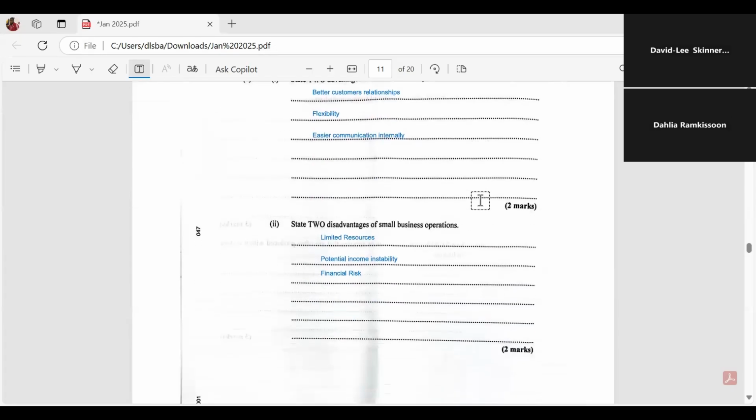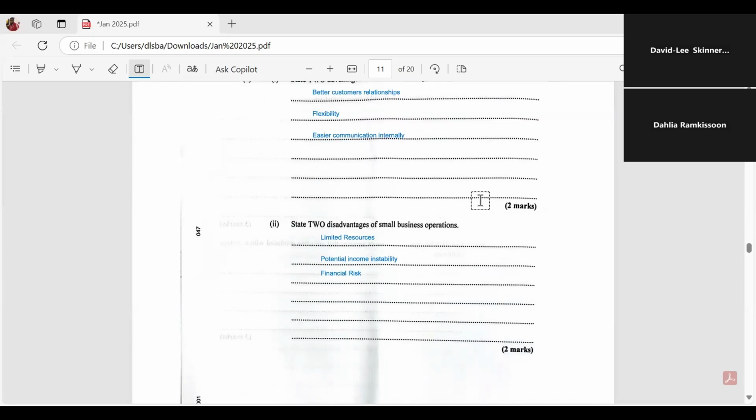Then it says state disadvantages. Right? So also just state, and it's 2 marks. I don't have to explain it. So they have less resources than large organizations by far.